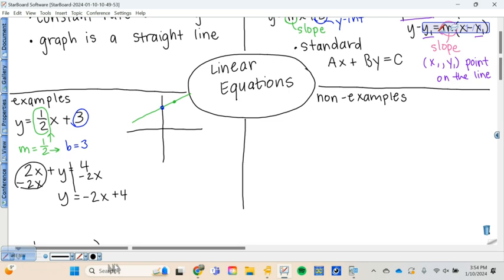So then what's our slope? Very good, negative 2. And what's our y-intercept? Positive 4. So now same thing, I'm going to start by plotting my y-intercept. So I go up to the 4. And then my slope is negative 2. What does that mean?